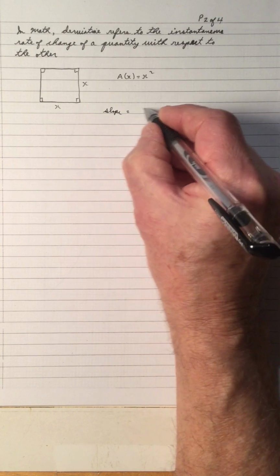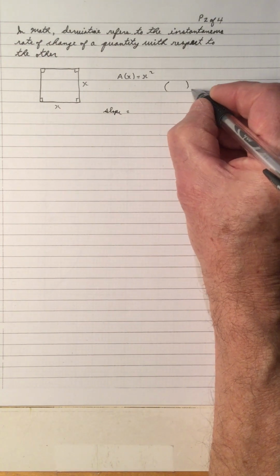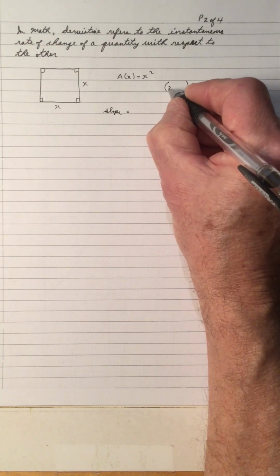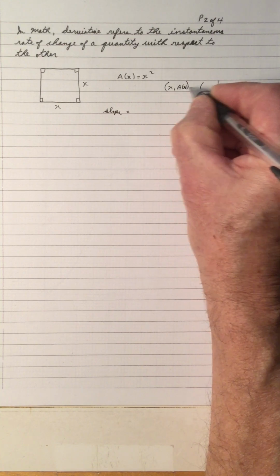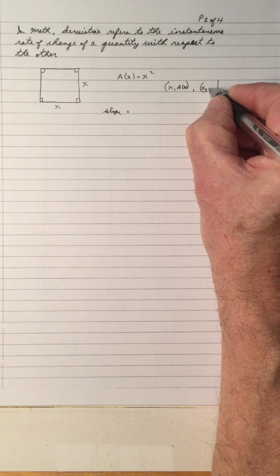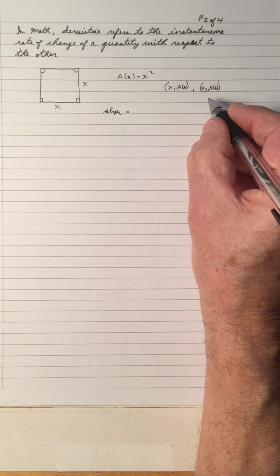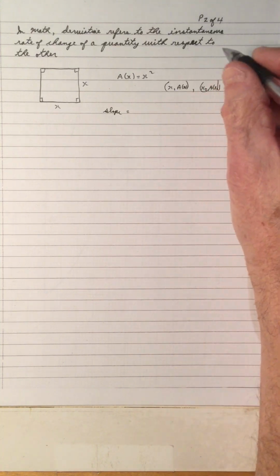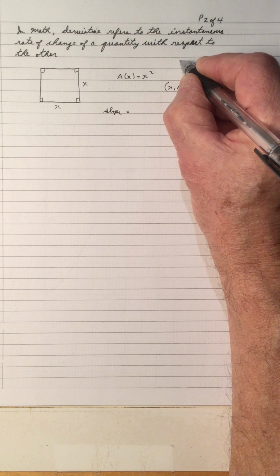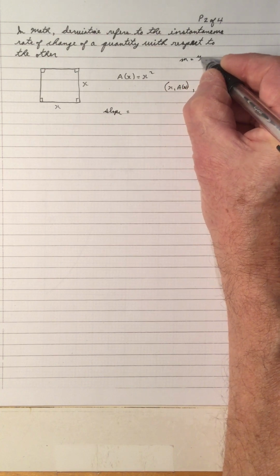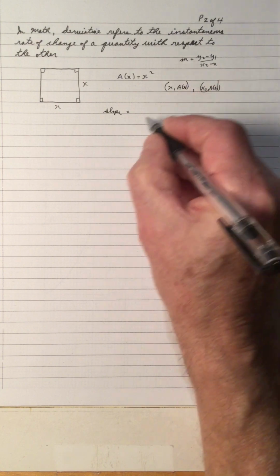So if you take the ordered pairs, if you have x1, the area of x1, and you have x2, and you have an area for x2, then the slope, if you think about the slope formula, is y2 minus y1 over x2 minus x1.